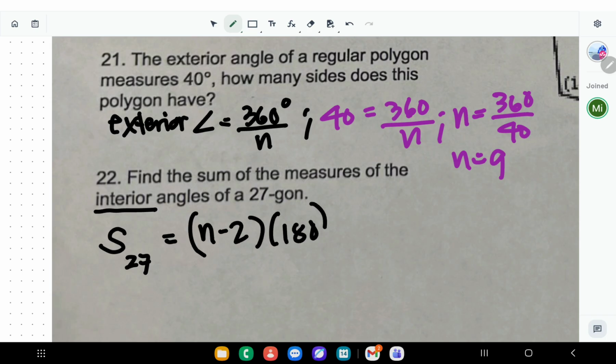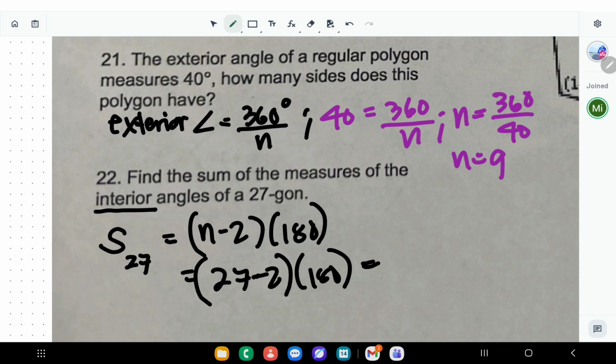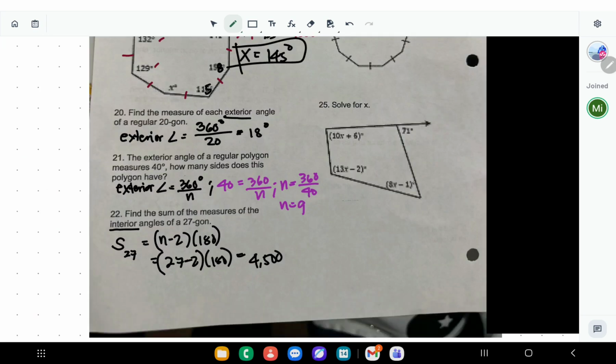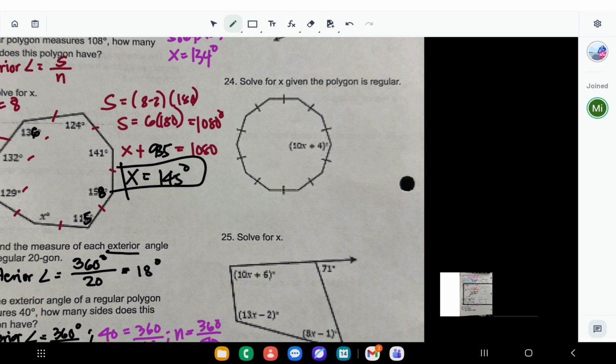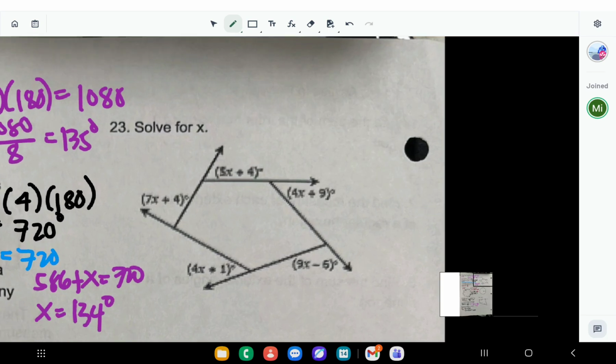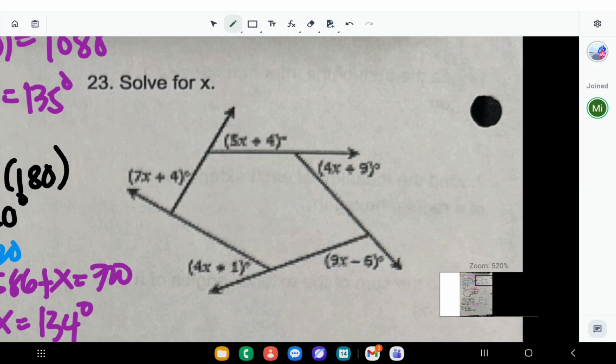All right, so that is 27 minus 2. So 25 times 180. That is 4,500. Did you get 4,500? Okay. Then let's go to number 23.